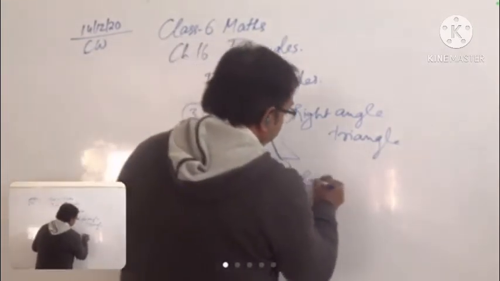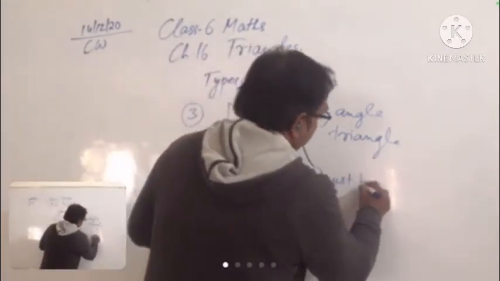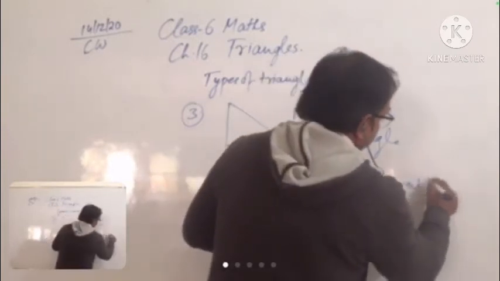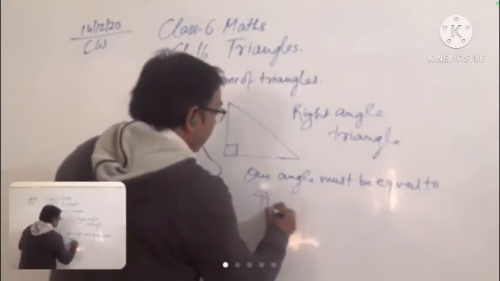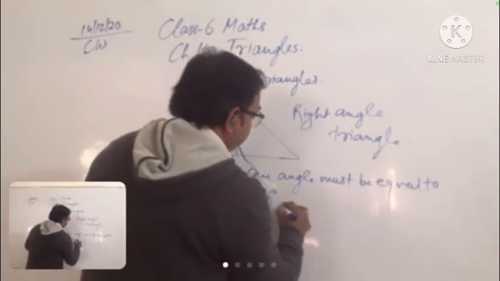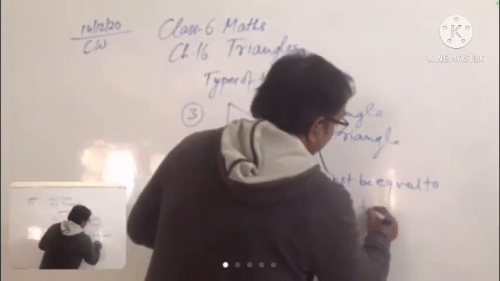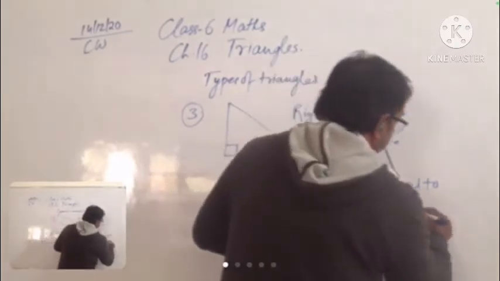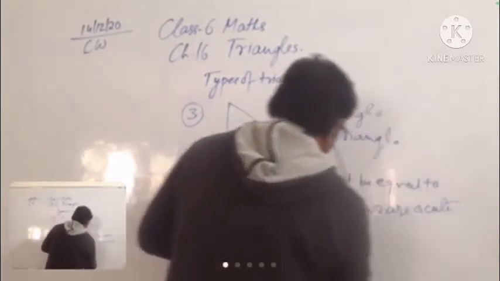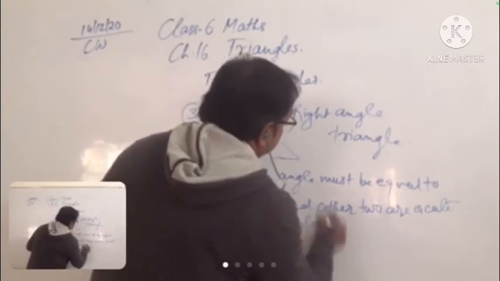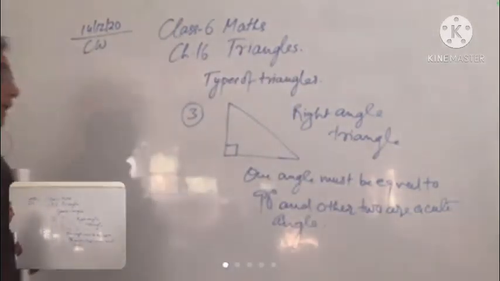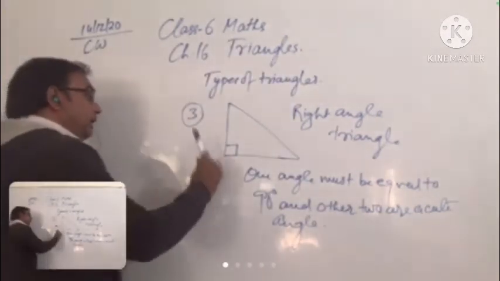Acute means the angle lies between 0 and 90. This is the condition for the right angle triangle: one angle must be 90 and the other two are acute. It means they lie between 0 and 90, greater than 0 and less than 90.